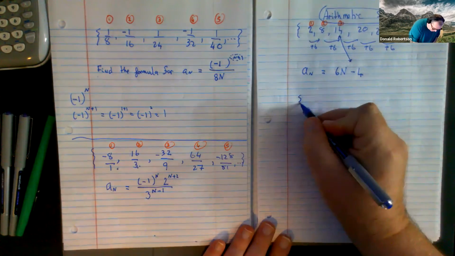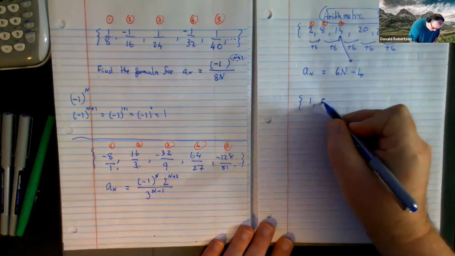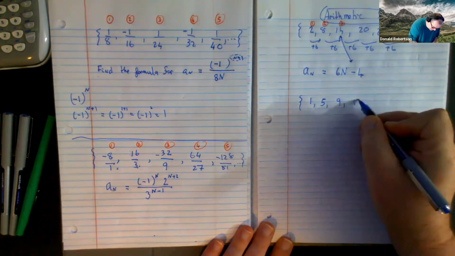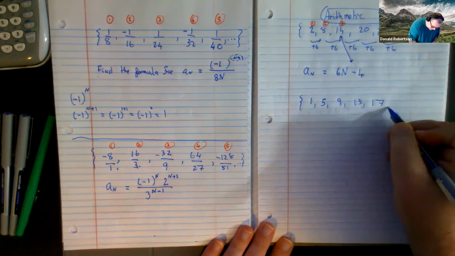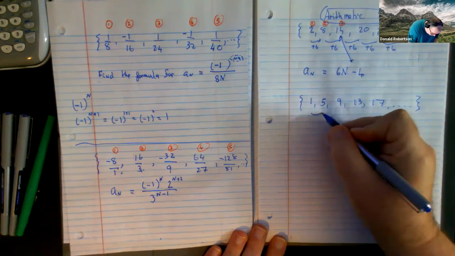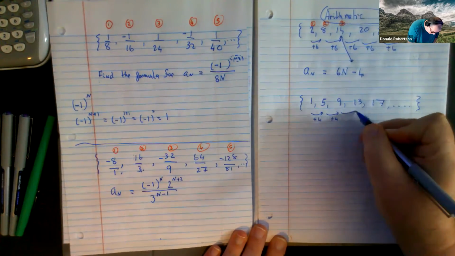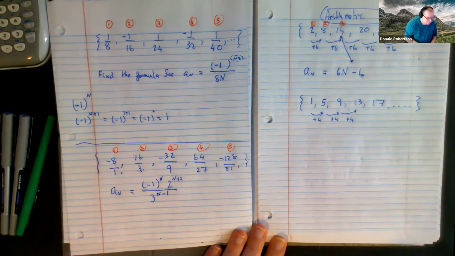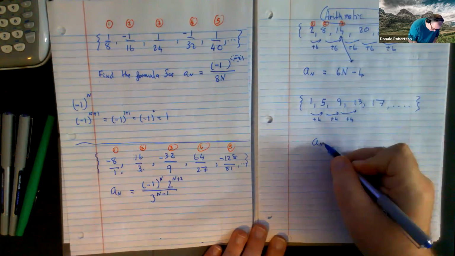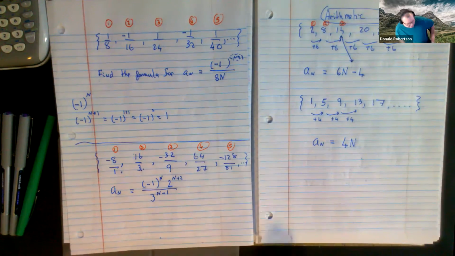Let's try another one. Let's do 1, 5, 9, 13, 17. Do you recognize that as an arithmetic sequence where you're adding 4 each time? Since you're adding 4 each time, won't the formula start with 4n?